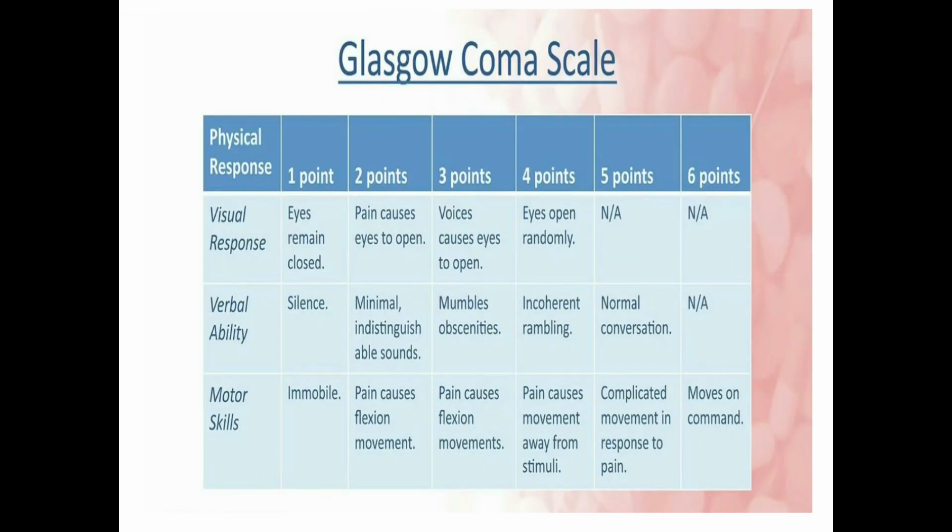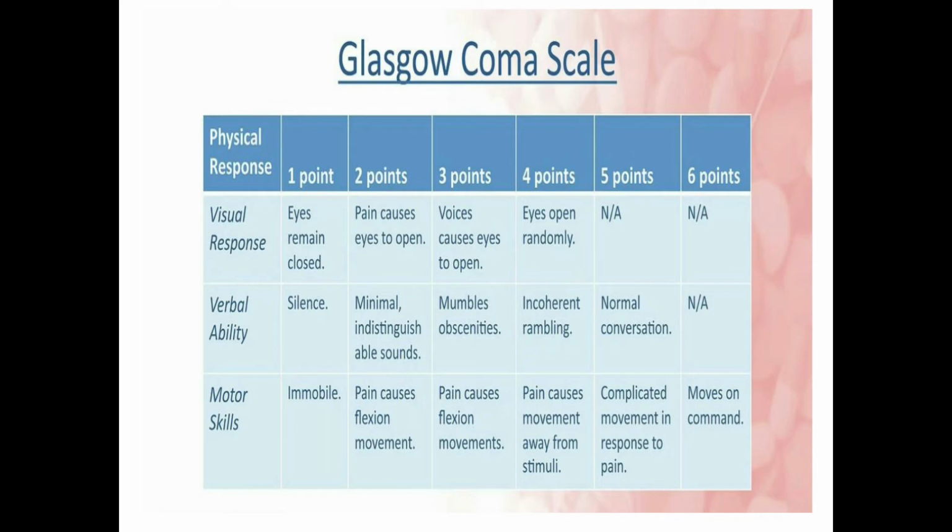So, here you can see the Glasgow Coma Scale. It is a neurological scale which aims to give a reliable way of recording the conscious state of a person for initial as well as subsequent assessment. We can assess the physical response such as visual, verbal and motor responses.